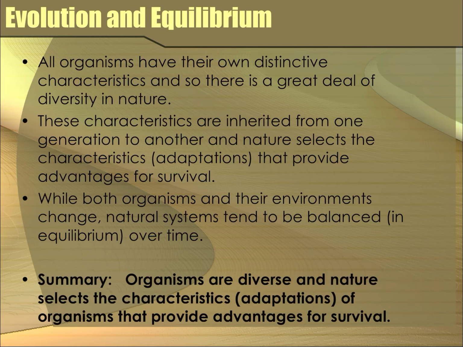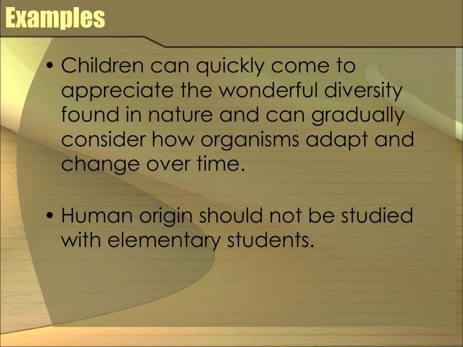Organisms are diverse, and nature selects the characteristics or adaptations of organisms that will provide advantages for survival. So, examples: children can quickly come to appreciate the wonderful diversity found in nature and can gradually consider how organisms adapt and change over time. Human origins should not be studied with elementary students.